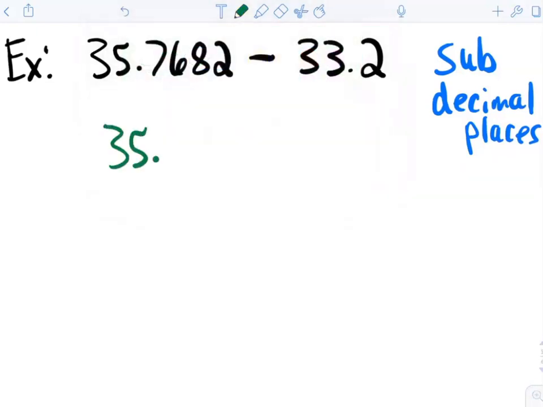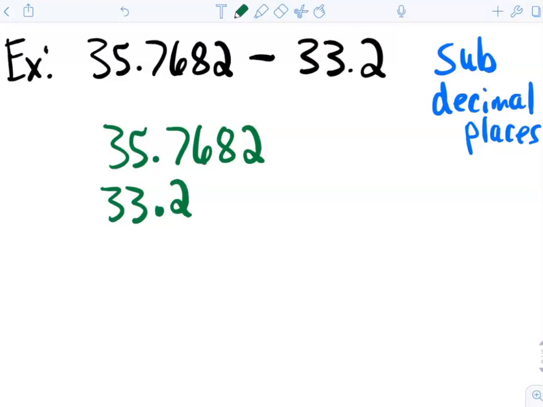So I want to start with 35.7682 and then 33.2. And now I'm going to draw a line beside of where I see that I have 2 numbers lining up, and then there becomes a point where only one number has digits in it. And what I mean by that is this.